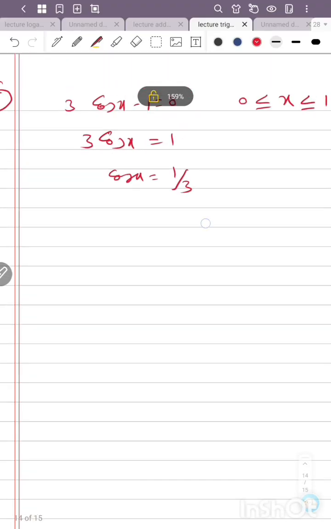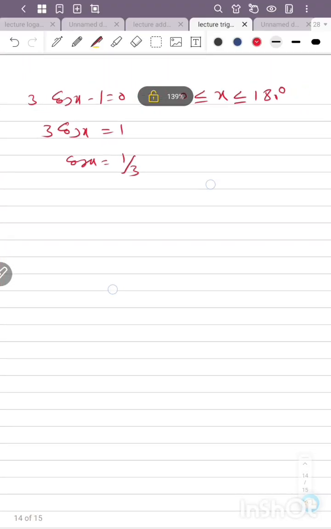In the sixth question, 3 cos of x minus 1 equal to 0, 0 less than or equal to x, x less than or equal to 180. So here 3 cos of x equal to 1, and cos of x equal to 1 by 3. We got these answers.